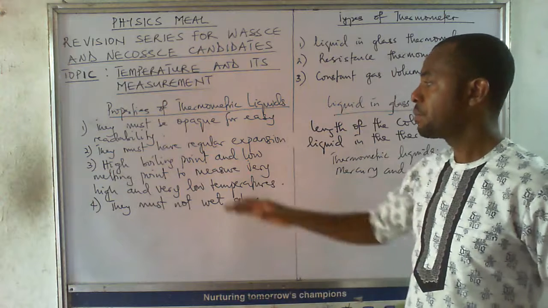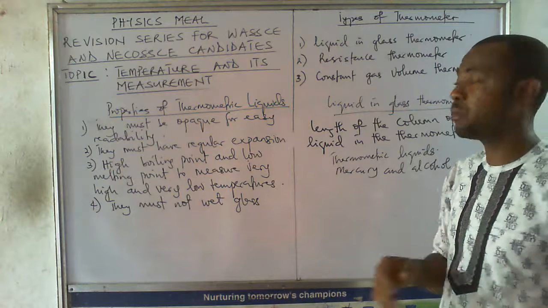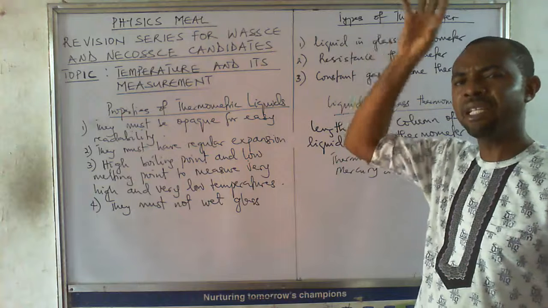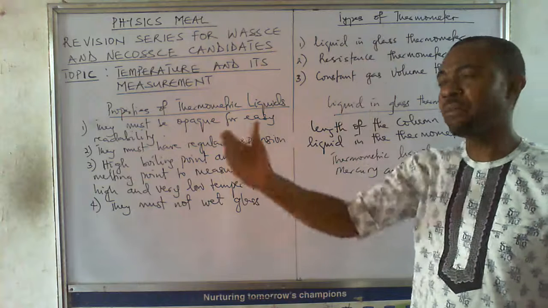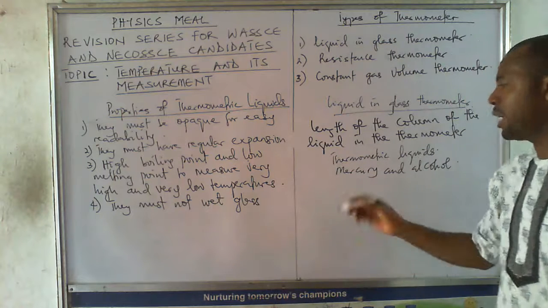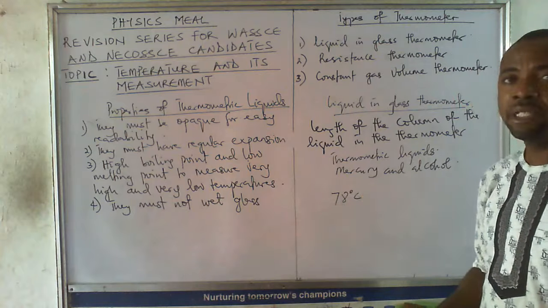Then a suitable thermometric liquid should have a very high boiling point, so that before it boils, it takes a high temperature. This will enable it to measure high temperature. But imagine a liquid like alcohol that boils at 78 degrees. This is a problem.